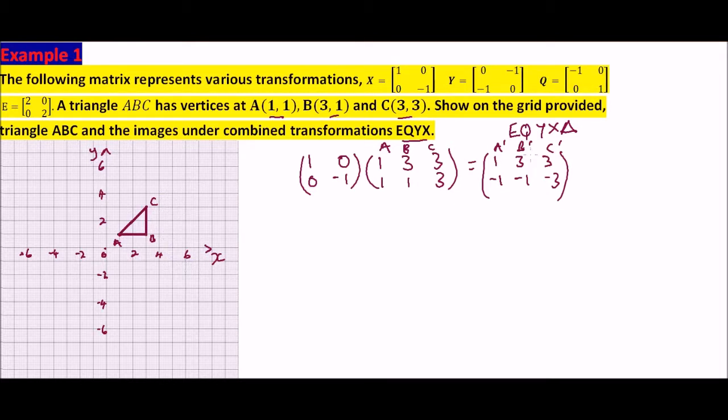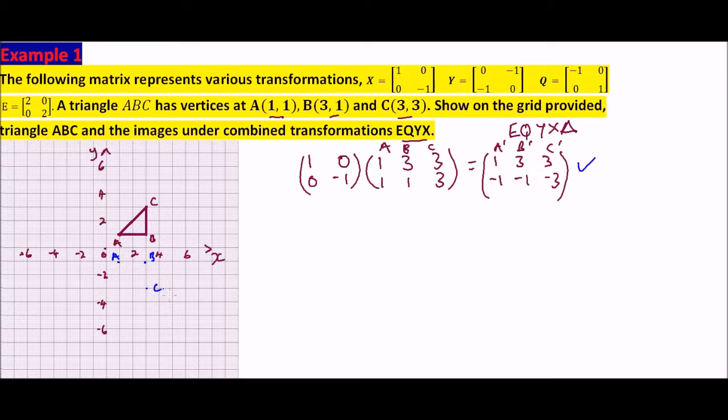And then we plot the image after transformation. So our A prime is at (1, -1), which is that point. B is (3, -1). And our C is at (3, -3).